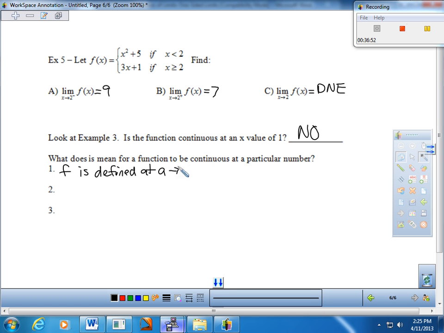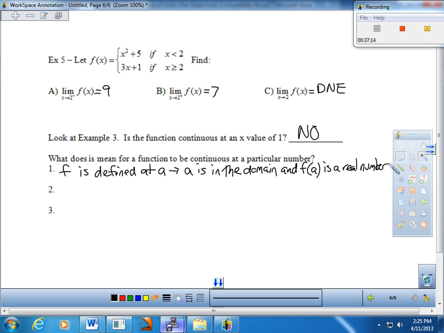It has to be part of the domain. So A is in the domain. If it's not in the domain, you've seen this before with a variety of functions, obviously we can't talk about continuity. So A is in the domain, and obviously that would mean that when you do f of A, you get a real number.